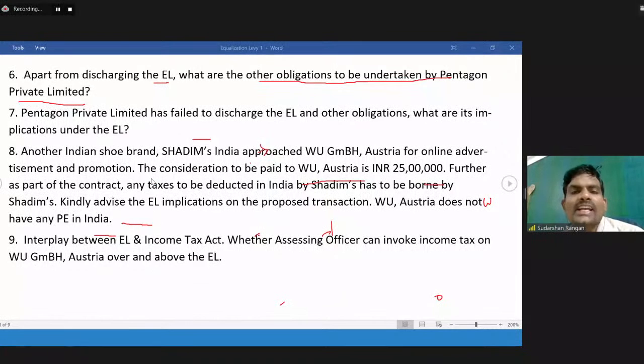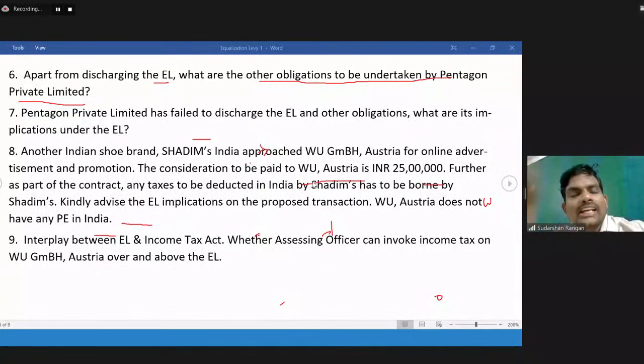The only variation to this question, the point I want to stress here, is what the Austrian technology company realized last time. I asked for 25 lakhs. I was told by my Austrian tax consultant that there won't be any tax in India, but I'm surprised to see an equalization levy, which is a unilateral measure by the Indian government. I cannot even take treaty benefit.